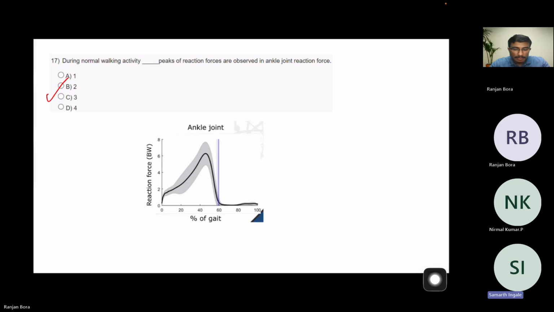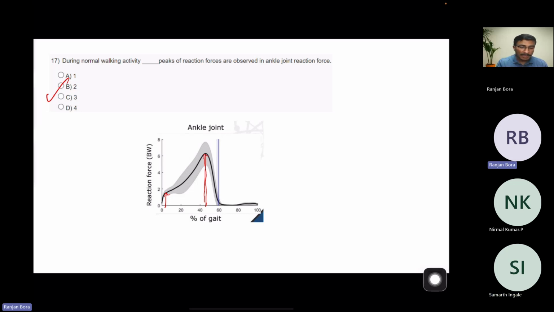First is at, I guess, 10%, then 50%. Yes, yes. One is here and another one is around here. It was a guess though, if you want to correct me. I actually did not know that there were 2 peaks.